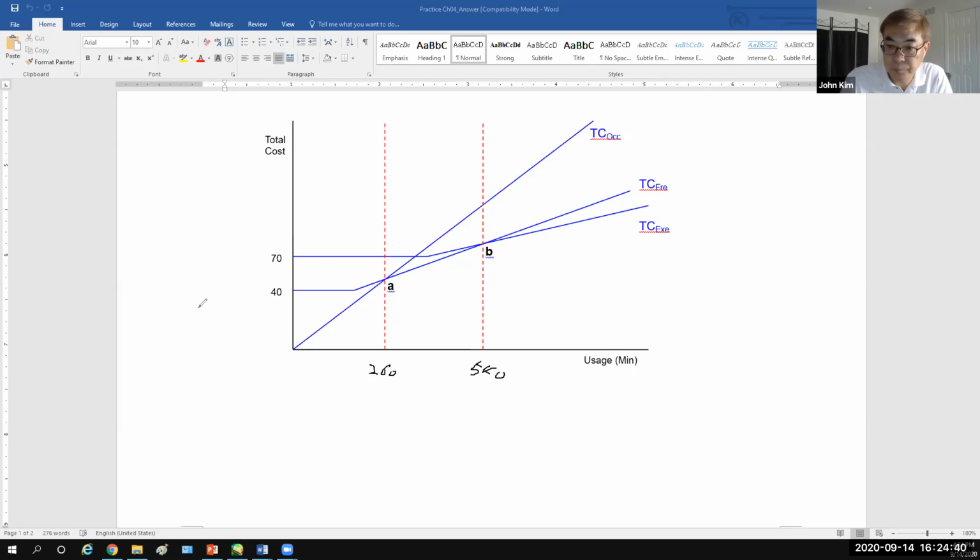So if Q is less than 260, among three options, this one, occasional plan, is the lowest. So occasional plan is the best option.